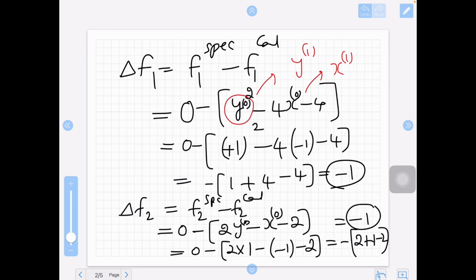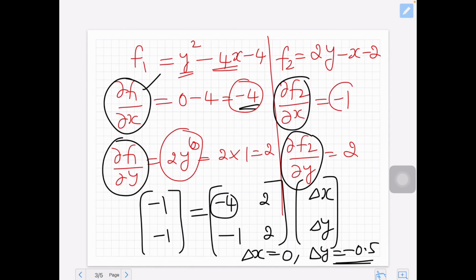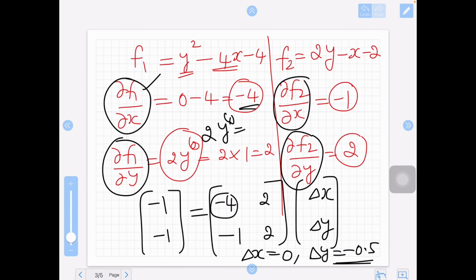That is why you have to adopt these changes. Here also y of 1 and x of 1, please make these changes. Here this remains the same, this remains the same, but here 2 into y of 1 you have to consider, because you are in the second iteration, you should not consider the 0th iteration.